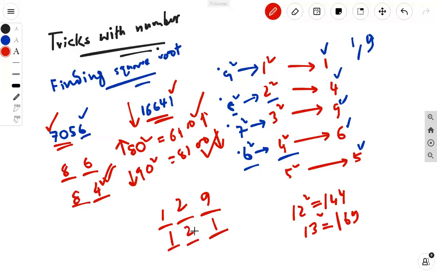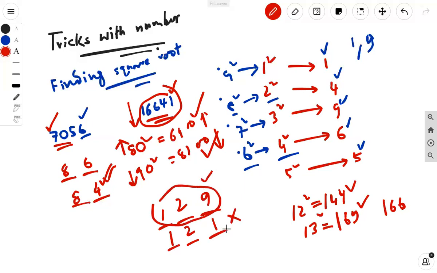So 129 or 121, you can easily say this particular number is closer to 169 because 166 is closer to 169 than 144. So the square root must be this one, not this one. So you can see finding the square root is very easy and very sharp.